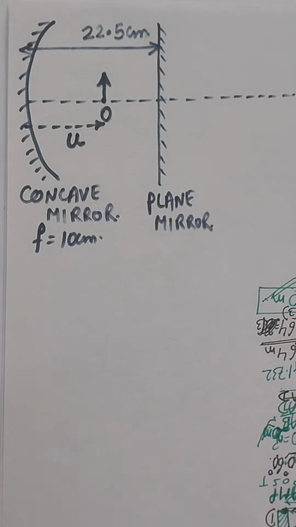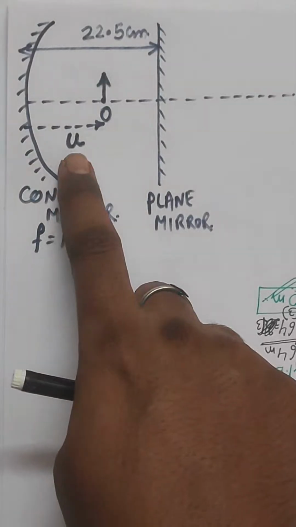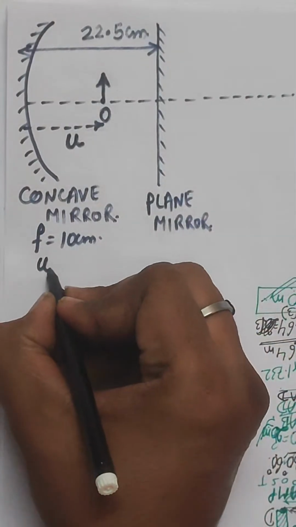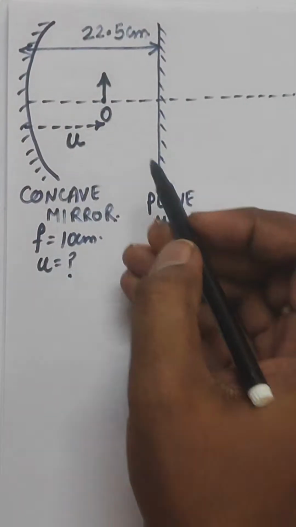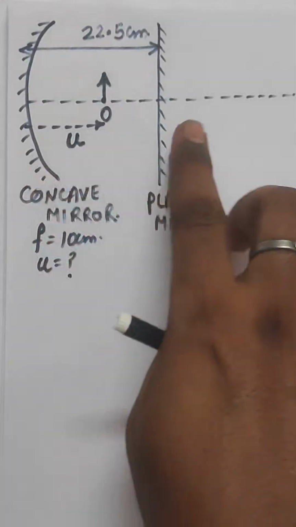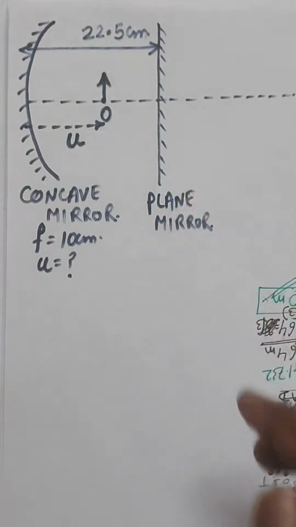Now the question is that we need to find the value of u, where the object is to be placed between the mirrors, so that the first image of both the mirrors will coincide.